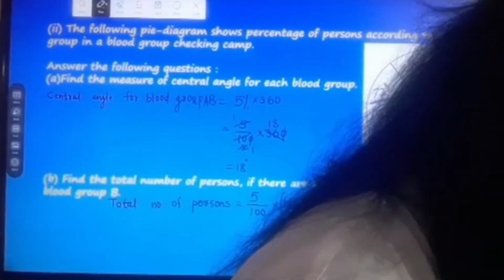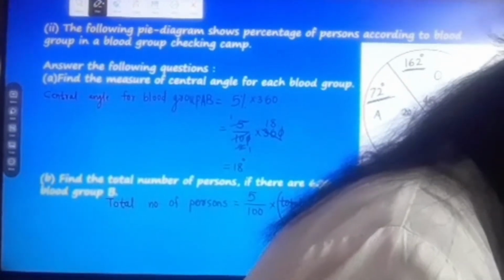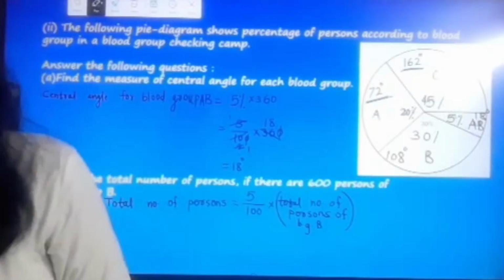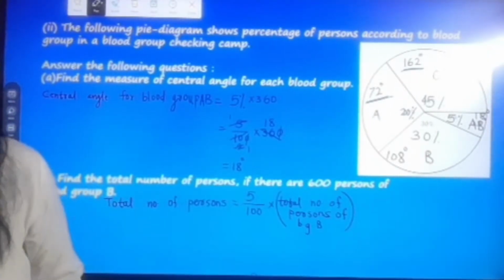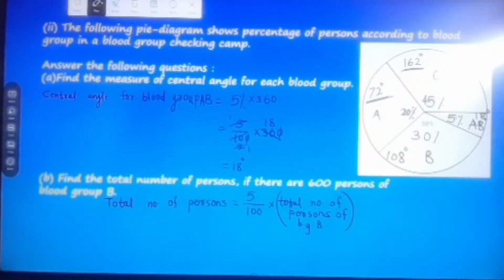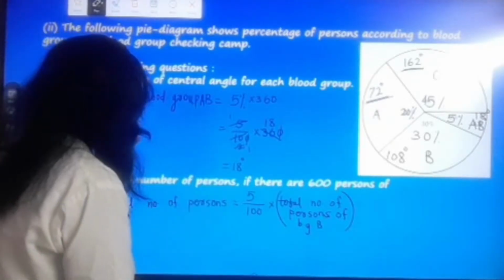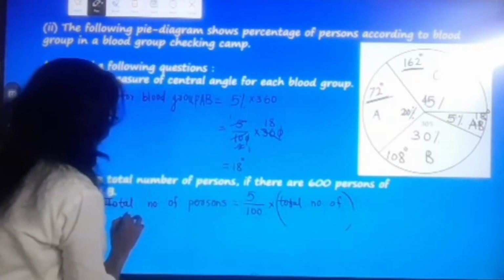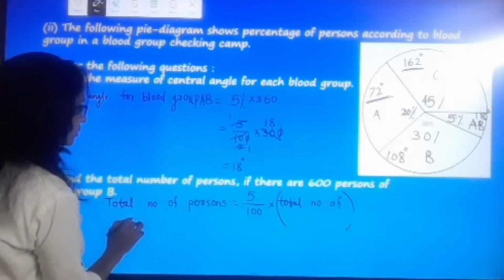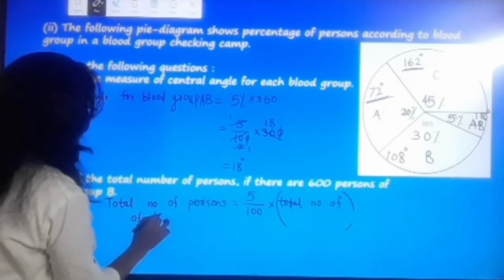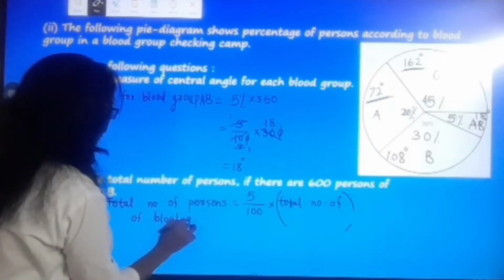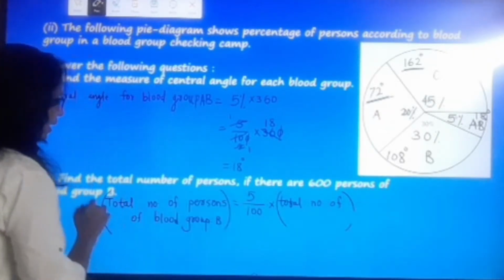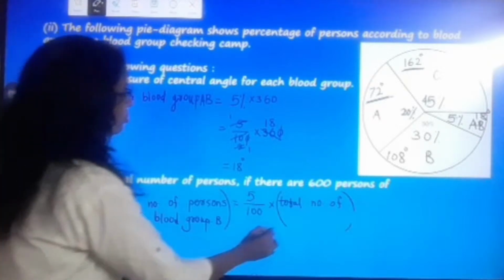Okay, total number of persons here, students, of blood group B. Okay, and then here total number of persons.